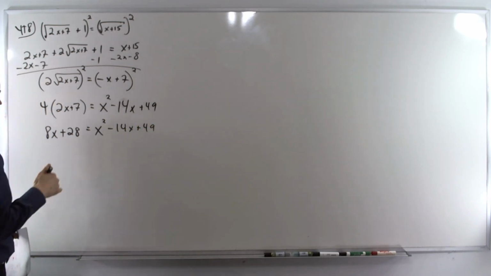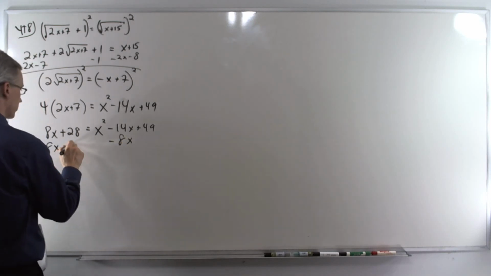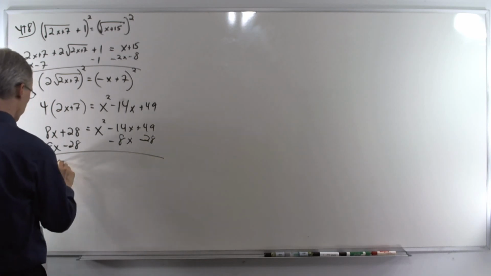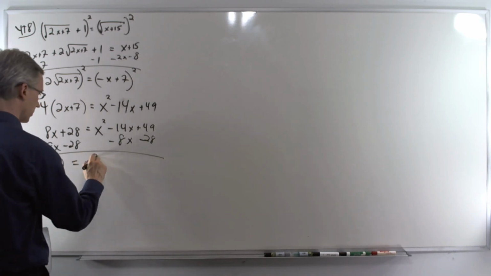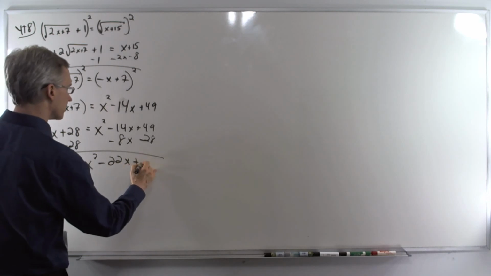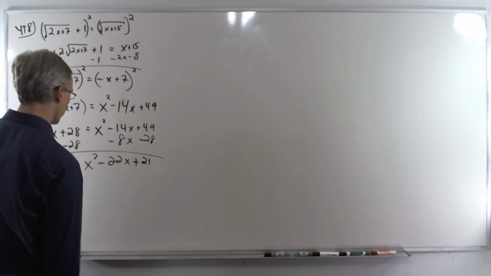Now we get everything over to the right. Subtract 8x. Subtract 28. That gives us 0 equals x squared minus 22x plus 21.